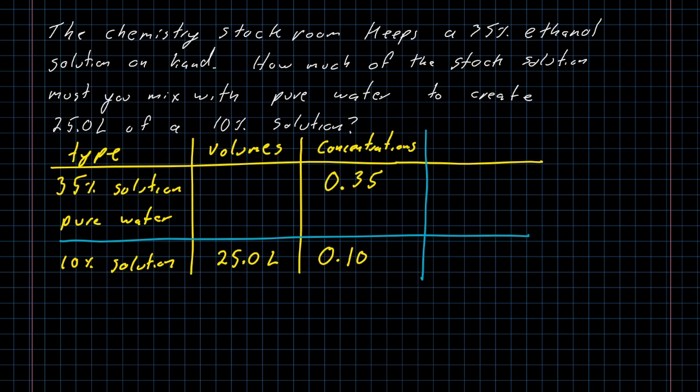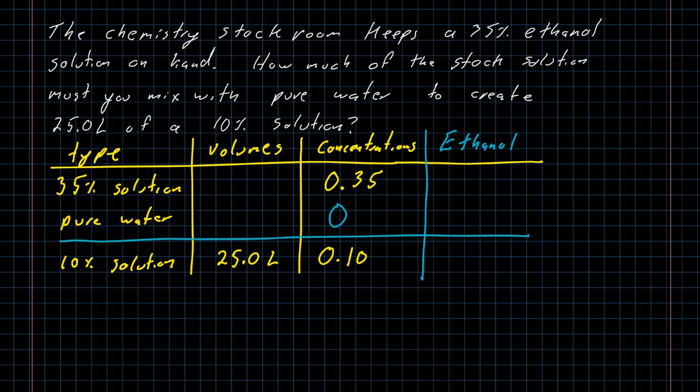First of all, that pure water has a concentration of 0. Right? Pure water, by definition, has no ethanol in it. And that last thing I said gets to the real heart of the matter.